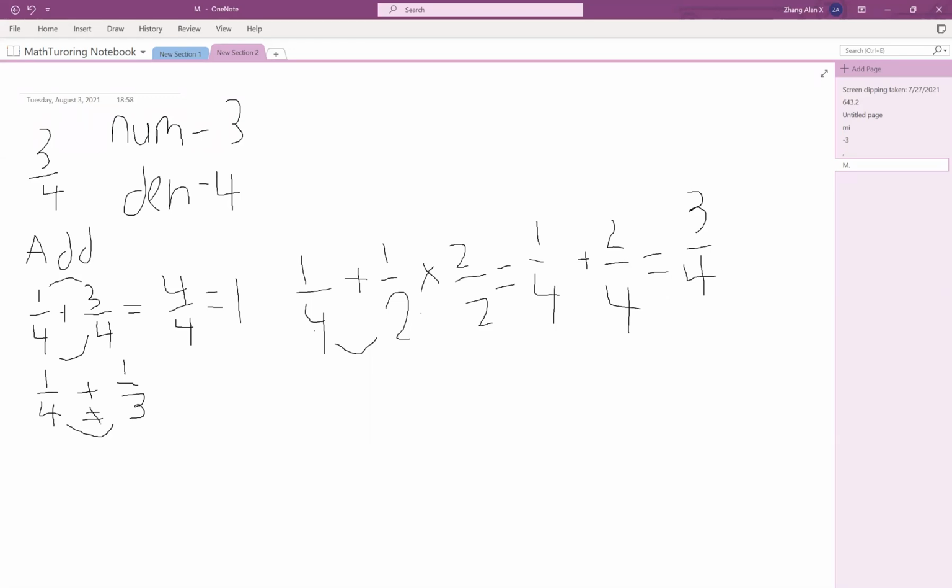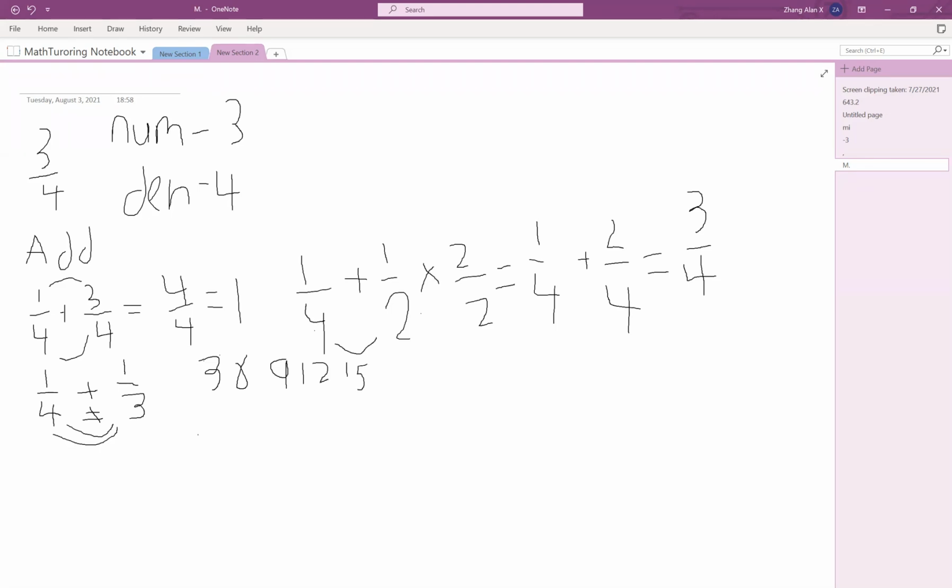There's not a really easy way to do it. So something we can do is find the least common multiple, the smallest number that both of these can get to. So the multiples of 3 would be 3, 6, 9, 12, 15.